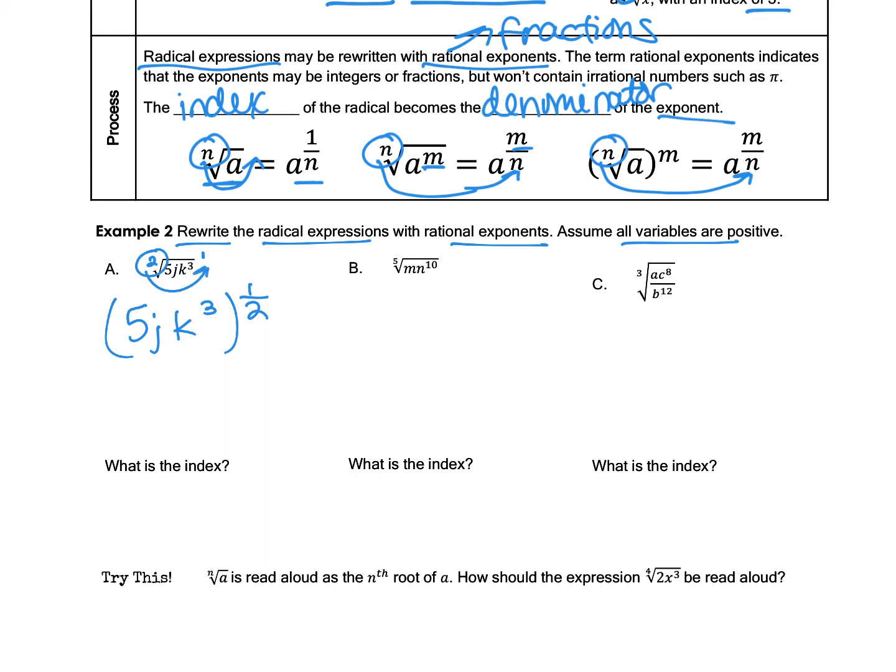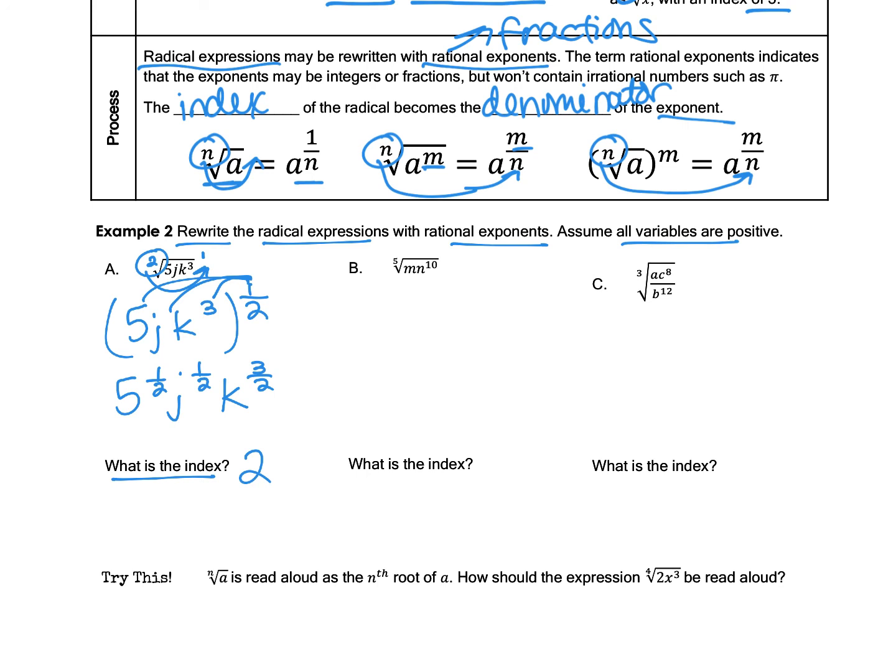Now I need to work this out. So I'm going to distribute it. It would be 5 to the 1/2. It would be j to the 1/2. And then remember, power to a power, multiply. You would have k to the 3 times 1, which is 3 over 2. So we're just rewriting it. We're not having to evaluate. It says, what is the index? The index is the little number that we didn't have on this one. It was a square root, so a 2.